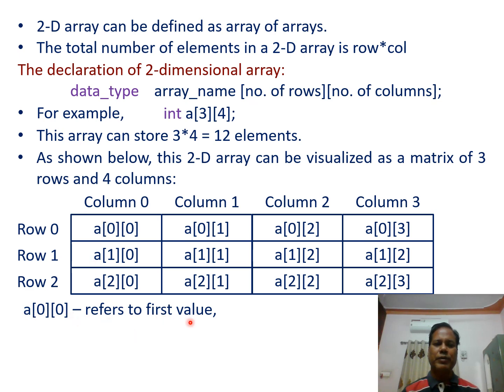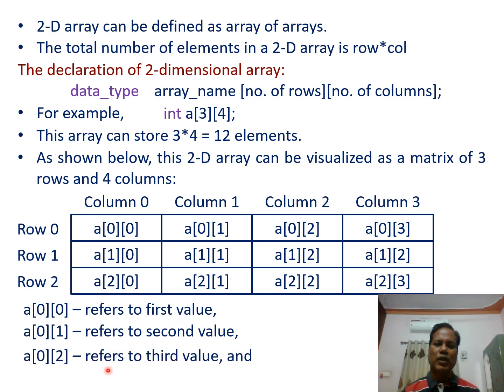A00 refers to the first value, A01, row 0 column 1, refers to the second value, A02 refers to the third value, and A23 is the last value of the two-dimensional array A.